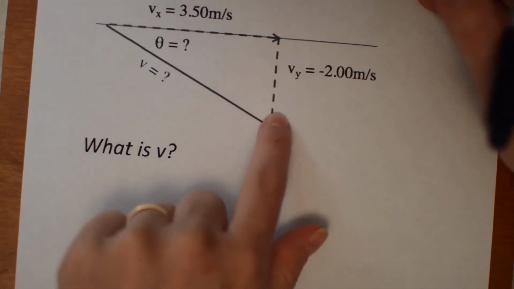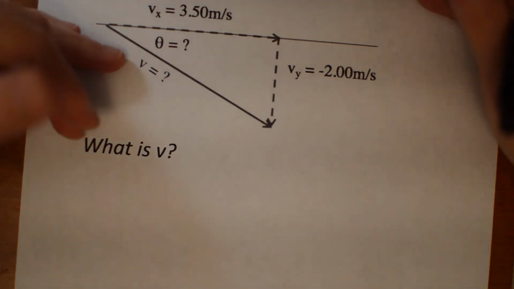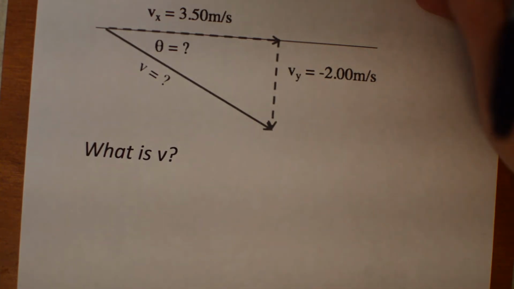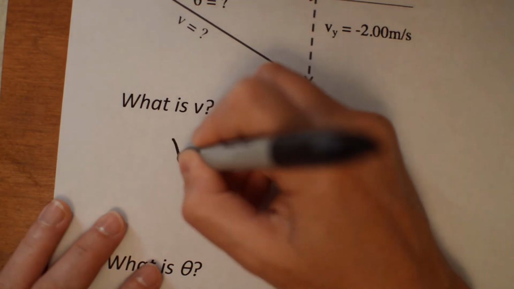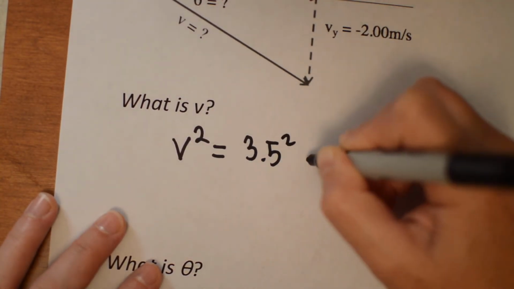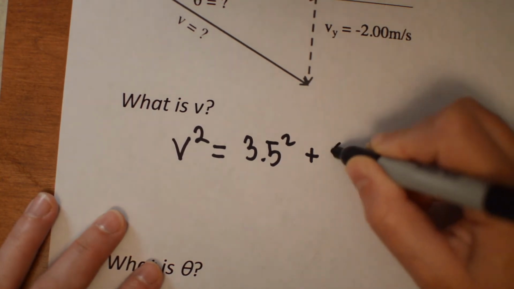This is one where you have a negative component, so Vy is down, so it's negative. When you're finding total velocity, you actually don't need to use that negative sign. You can definitely see why with your calculation of V. When I do my V squared is 3.5 squared plus the negative 2 squared.